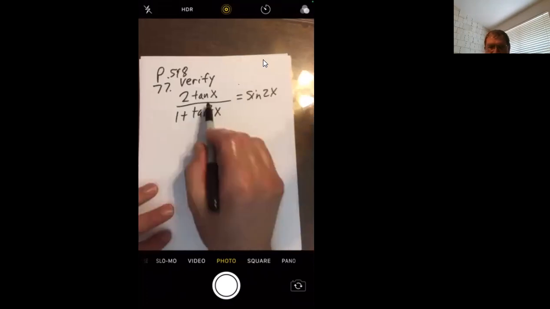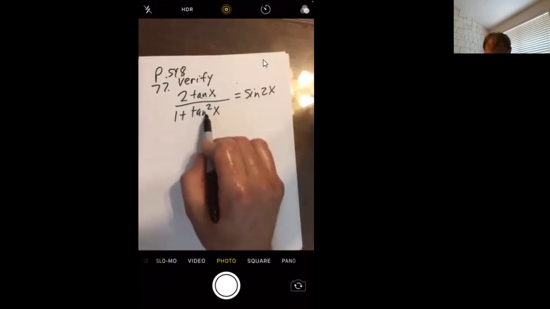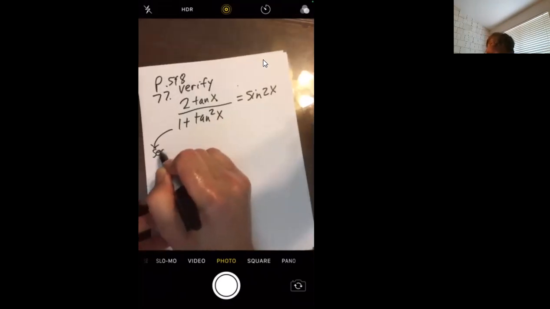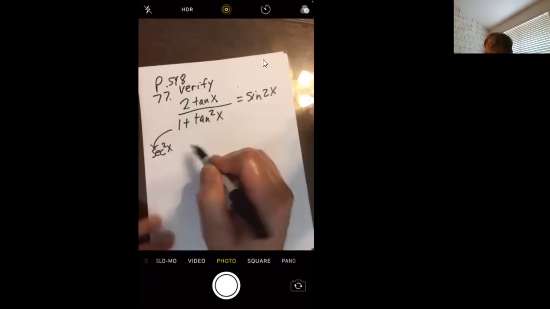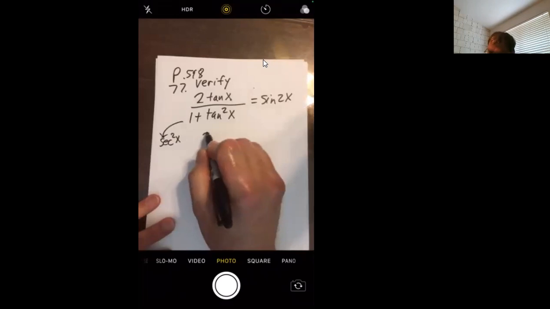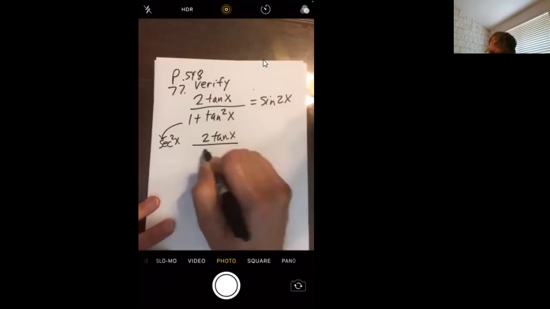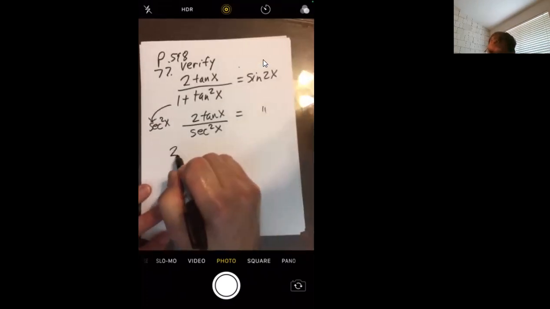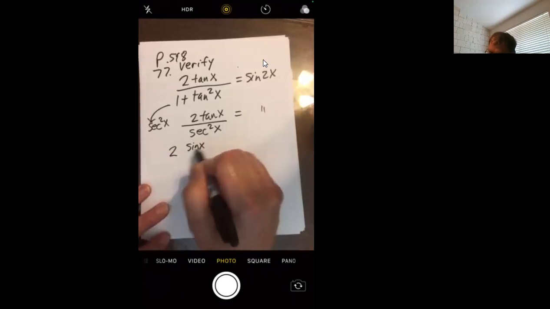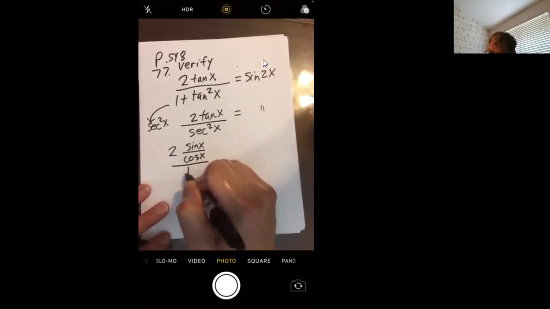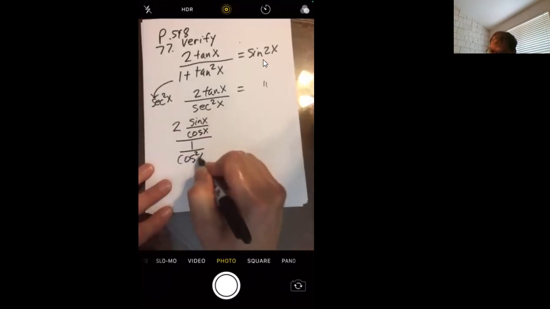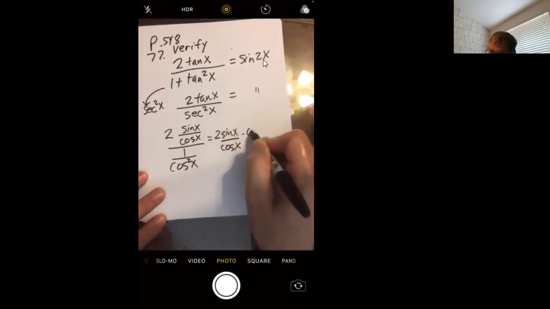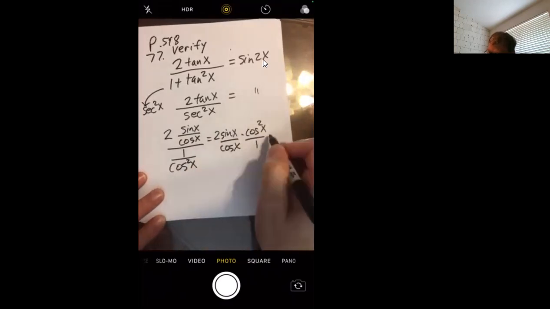Well, there's several ways you could go. I could convert to sines and cosines here, but I could also realize 1 plus tangent squared is equal to secant squared. Then I can convert to sines and cosines and see if I get anywhere. So twice tangent over secant squared, now I'll go to sines and cosines: twice sine x over cosine x, over 1 over cosine squared x, because you got to flip that around.